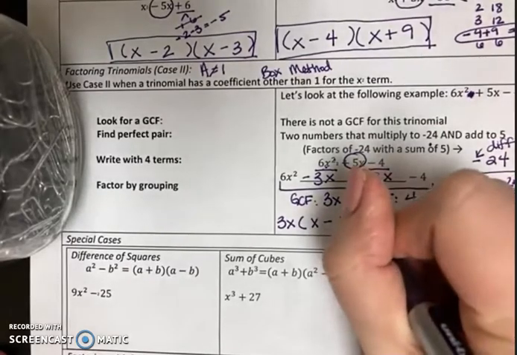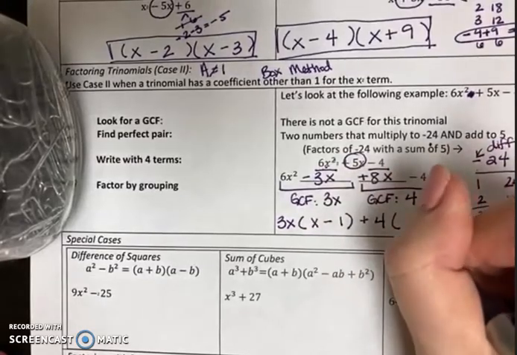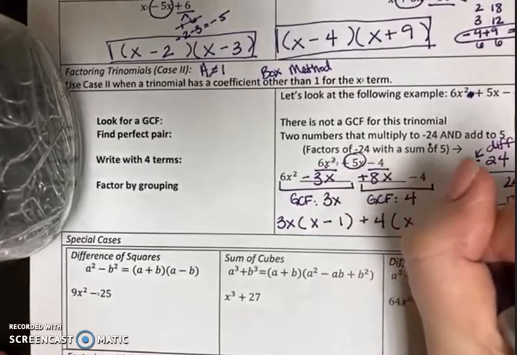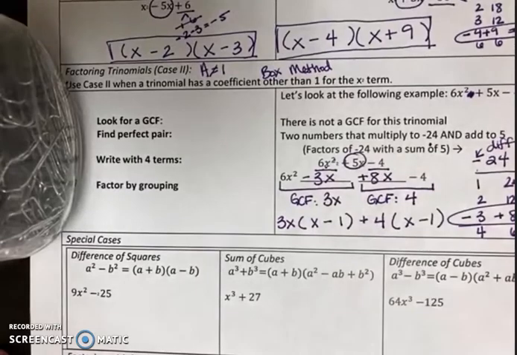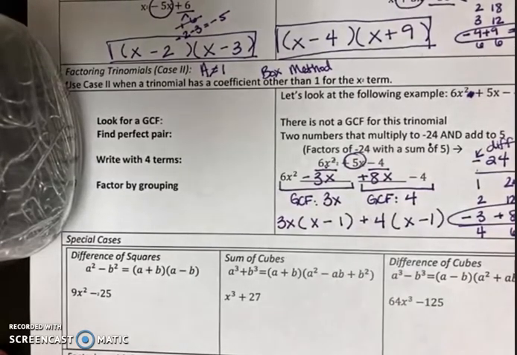So I would put plus 4 times what remains, x minus 1. I put a plus 4 here because I pulled out a positive 4. Remember, sometimes we could pull out a negative, and you're going to see that a little bit later in your homework.